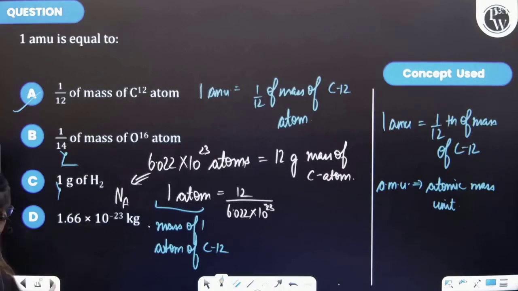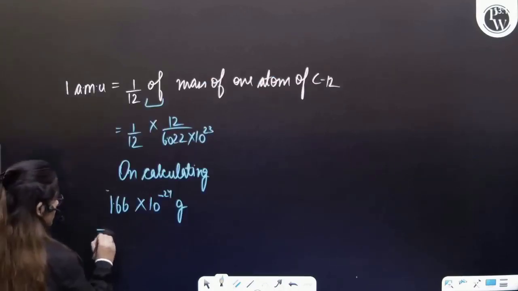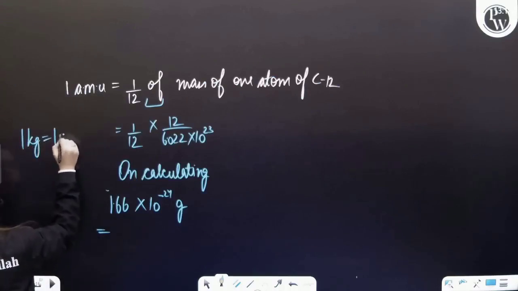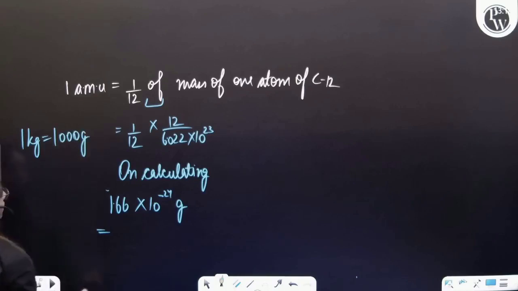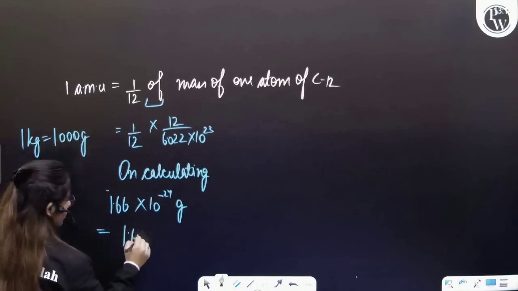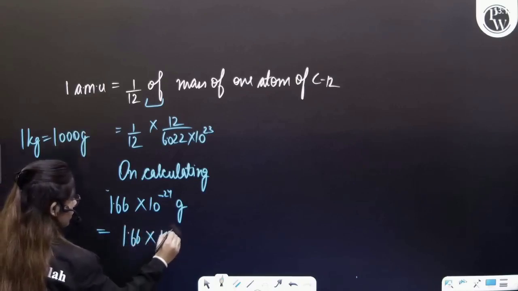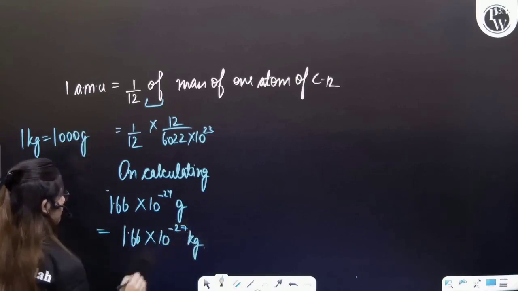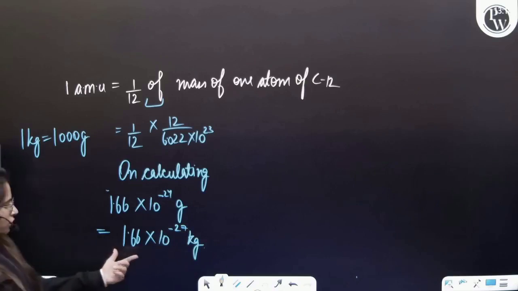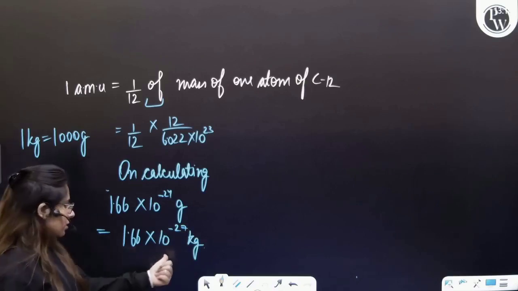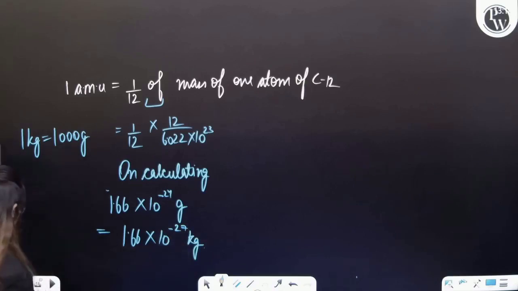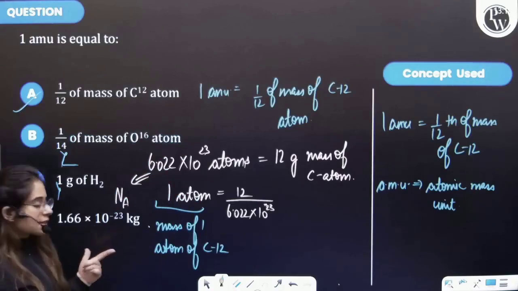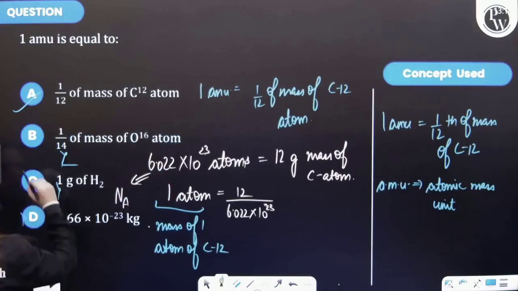But here in kg it is given. So in kgs, we know that 1 kg is equal to 1000 grams. And so this value is 1.66 into 10 raised to the power minus 27 kg. But this is minus 23 kg, which is wrong. So the correct answer is A.